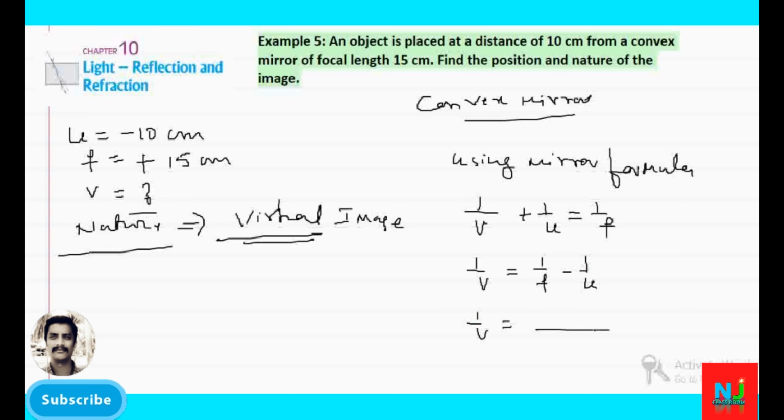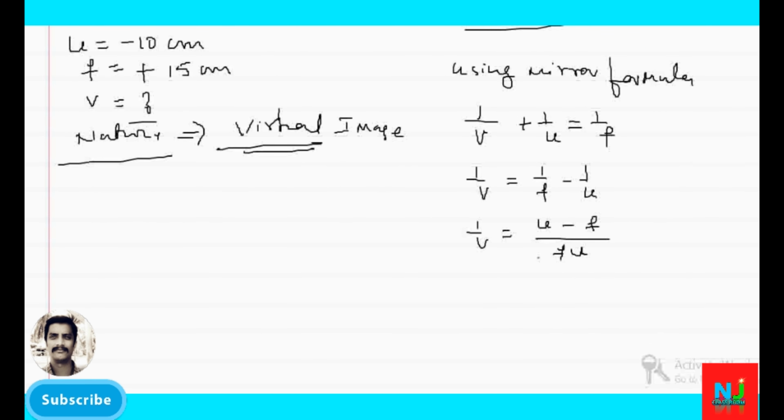So 1 by v is equal to, we can directly write u minus f over f into u. What is the u value? Minus 10. What is the f value? Plus 15. So it is equal to minus 10 minus 15 divided by 15 into minus 10.